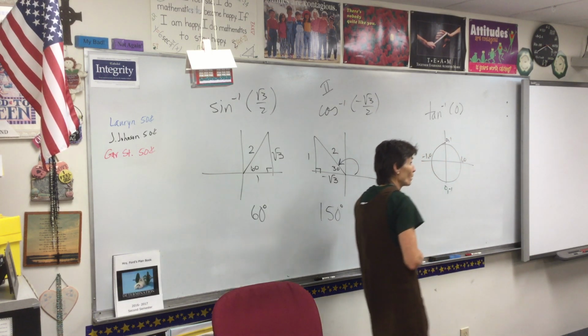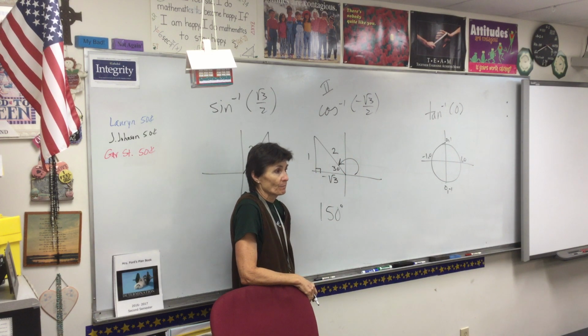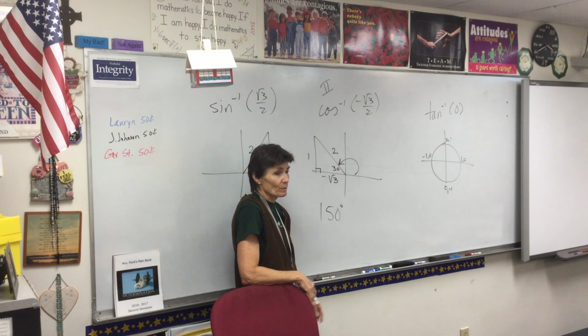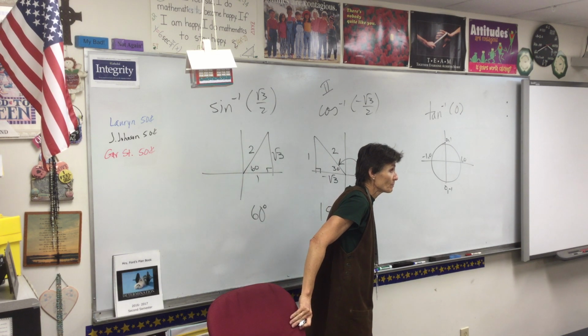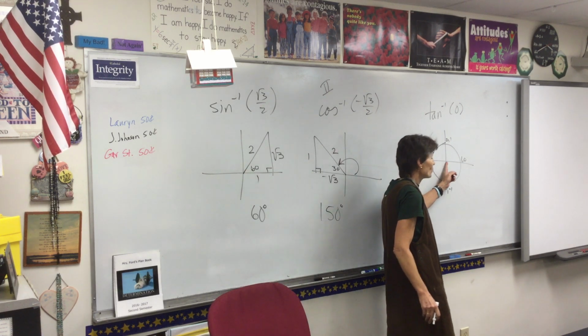Now I'm going to let you catch your breath. How did I get those points? No idea. Did you just know it? No. I mean, I do, but there's a reason for it. I made up the radius, and what did we say we were going to let our radius be? 1. So if the radius is 1, here's the origin.